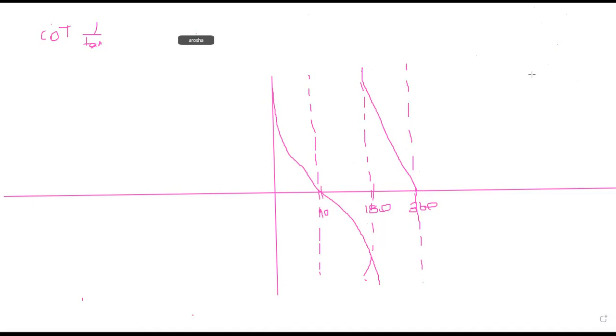In the tan graph, we do it like this. Can you remember? Like, if this is the line, we do it like this. Yeah, that's how we do it. So this is the reflection.